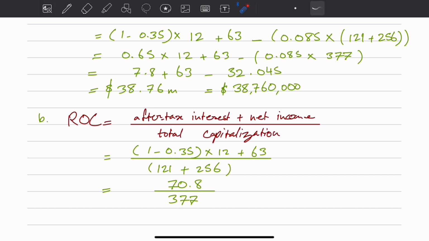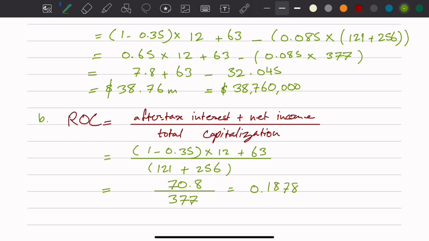All right. Now we'll find the ratio, 70.8 divided by 377. That gives me 0.18779, so I can round that up to 78.